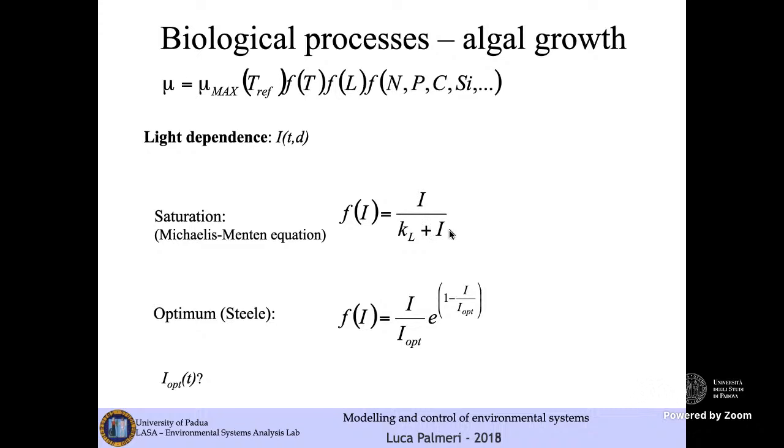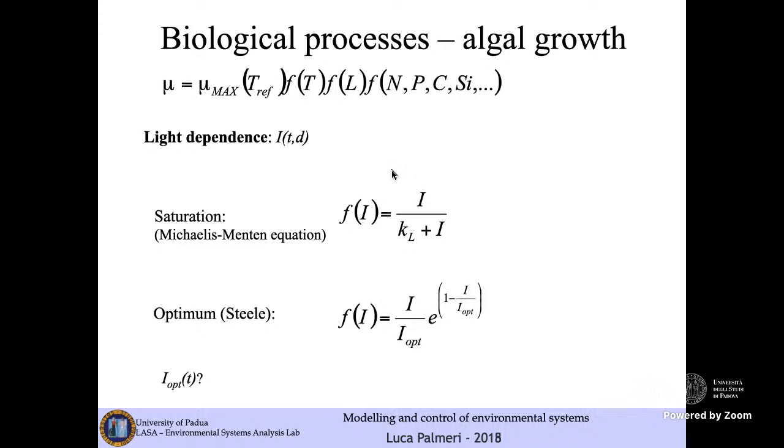This means that when the intensity of light is equal to KL, the limiting function will have a value of 1/2 or 0.5. So when the intensity of light is equal to KL, the algae are growing at half the maximum possible speed of growth.